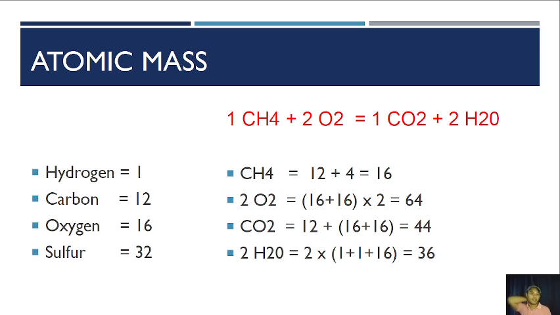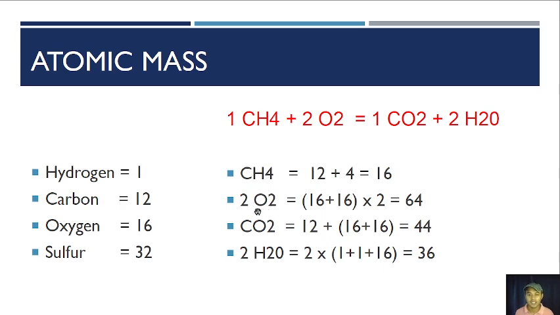So if these are the atomic masses, CH4 is equal to 12 plus 4, which is equal to 16. C is 12 and H is 1 times 4 is 4, equals 16. So the atomic mass for CH4, methane, is 16.